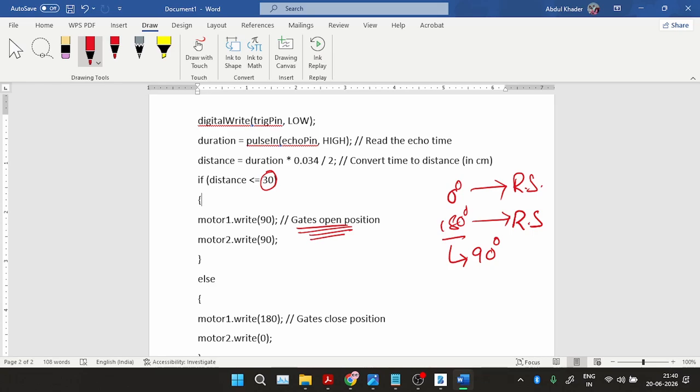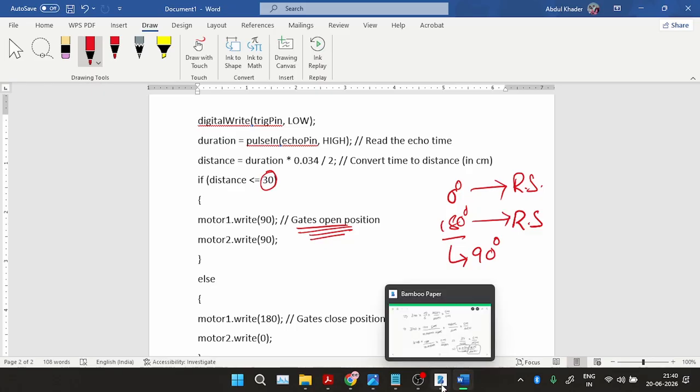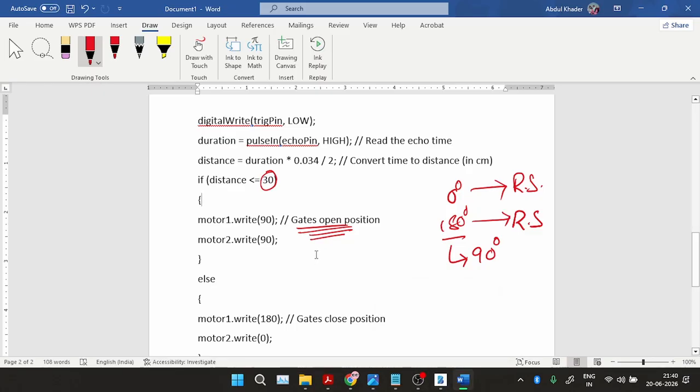Gates close position, motor dot 180 degrees. It's a little bit different here, I will explain. Distance less than 30 centimeters means there is an object in front of you, an obstacle present at the ultrasonic sensor, and it is going to be at 90 degrees. It's basically the placement of the gates and the placement of the arm attached to the servo motor. We will see this while designing.